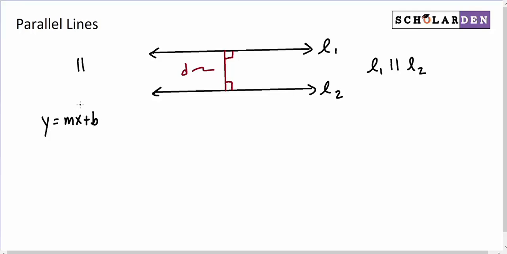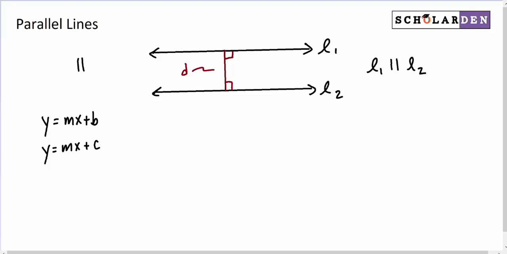That is the general formula for any line. And the other line is y equals mx plus c. Notice I used an m here and here. That's because, as I just said, parallel lines have the same slope, so I can put an m in both slots. And these two lines will have different y-intercepts.